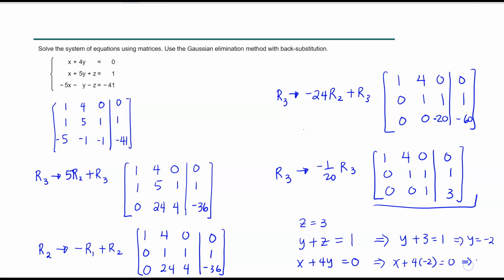So X is just equal to 8. Our solution is the ordered triple: you write the X coordinate first, 8, followed by the Y coordinate, negative 2, and the Z coordinate, which is 3.